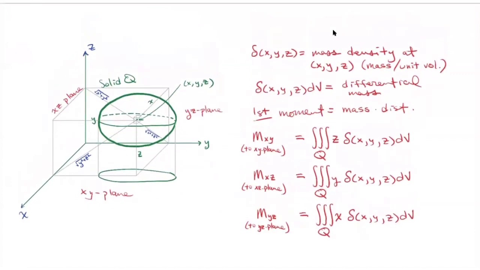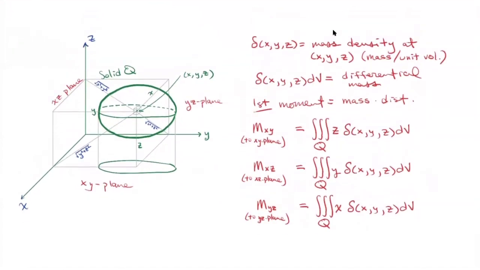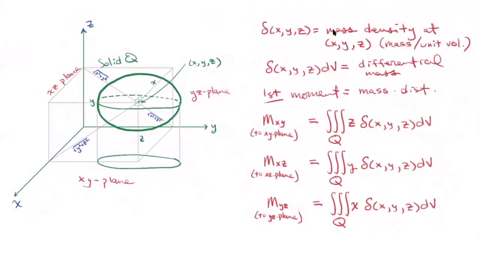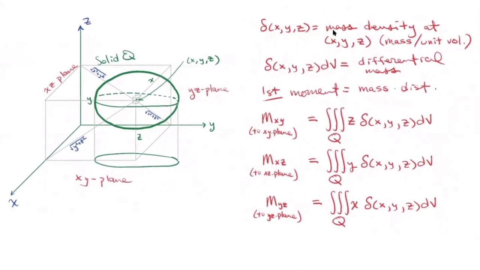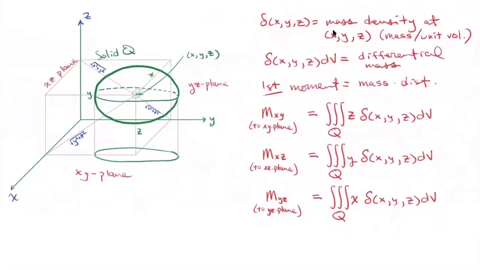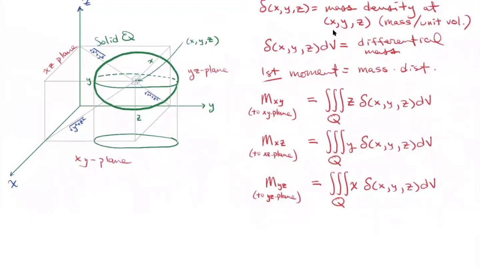Okay, so these are all the formulas that we need for the first moments with respect to the coordinate planes. So the only thing that's left is the 0th moment.